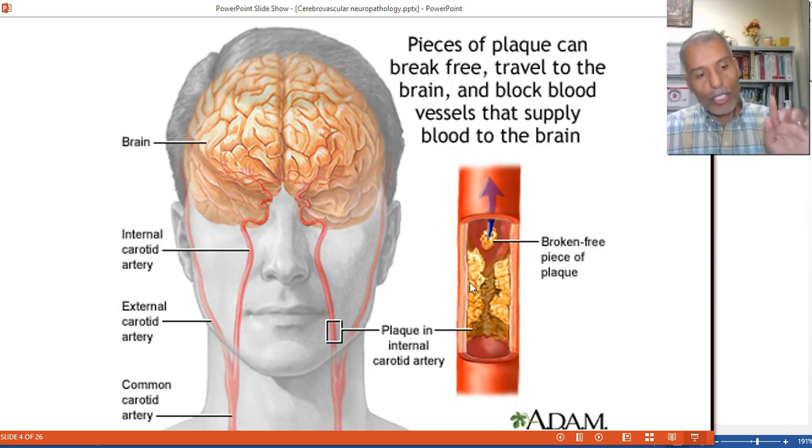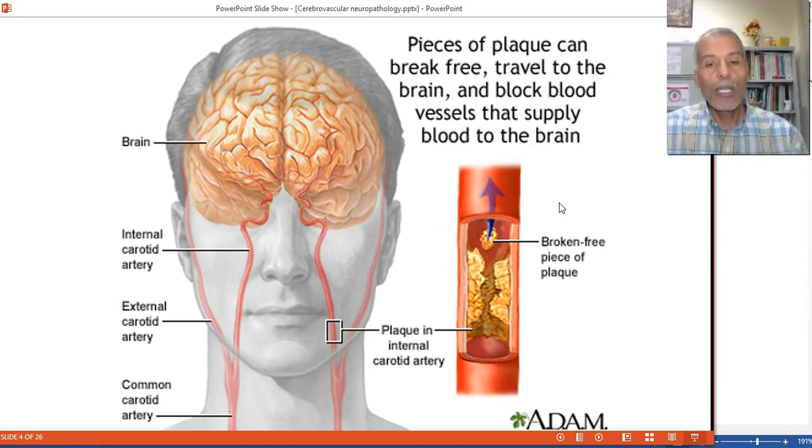And as it reaches, from bigger areas to smaller areas, suddenly it just gets jammed in with force, and it plugs that entire little artery, and the whole area now starts to go into an ischemic area where there is deprivation of oxygen and deprivation of glucose and other nutrients.